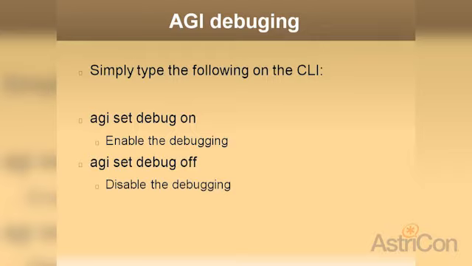When you do agi set debug on, you're going to see all the debugging for all channels and for all AGIs. So let's say you have 100 AGIs on your system and you call that function, you're going to see a lot of output. I had a discussion yesterday with a guy. Maybe I'm going to write a patch to debug per channel, because when you have a high volume of AGI scripts running at the same time, it's really hard to debug them.